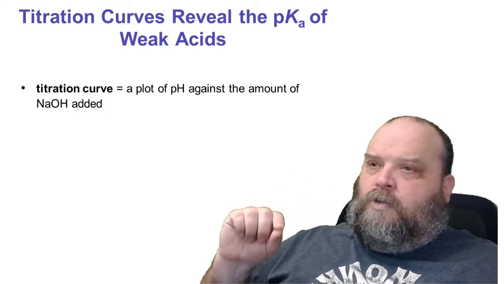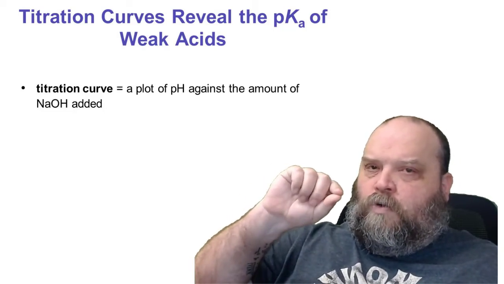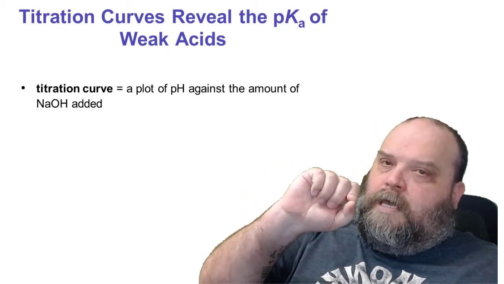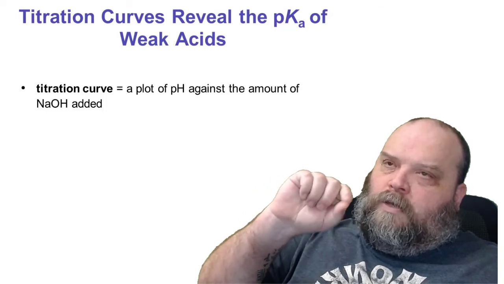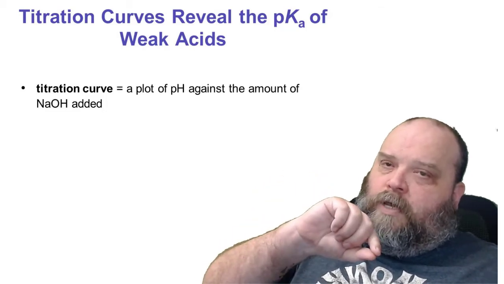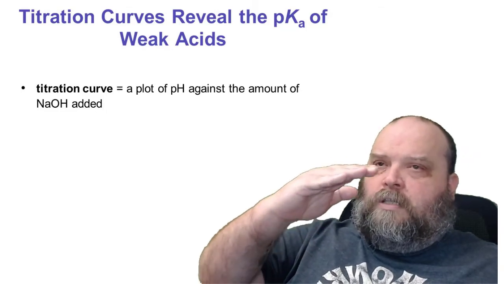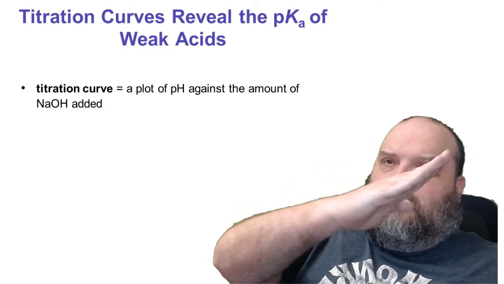You measure the pH after so many set volumes of NaOH, so that as you move up the concentration of NaOH, you should start going up in pH. You'll see that there's a lag, and then it's going to take off again.